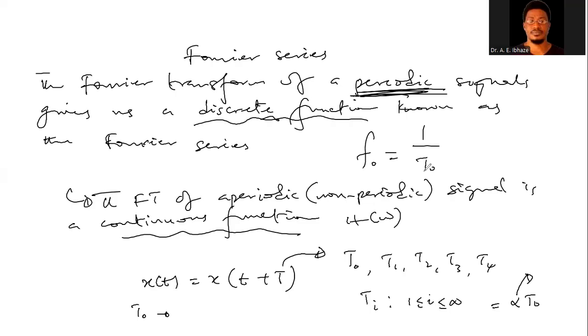Now, we were able to also deduce that, based on the spread of this signal, let us just document that and take it up nicely. Since we've established that the Fourier transform of a periodic signal is some discrete function, we can now begin to describe this function.